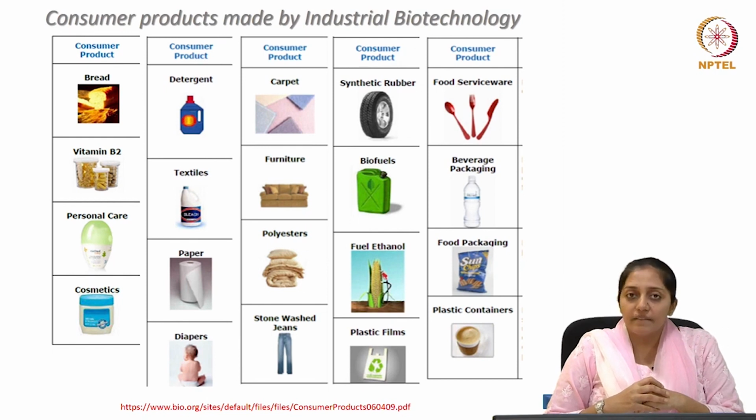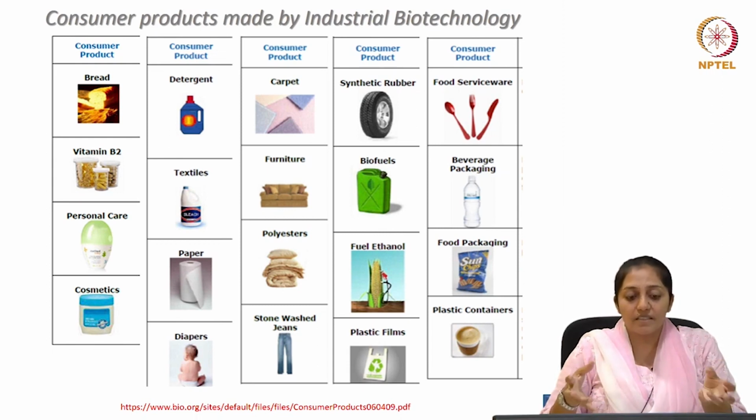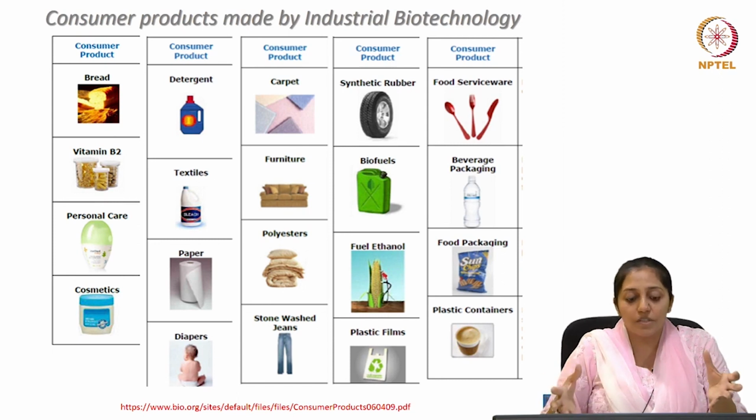Let's talk about bread or biscuits which have been fortified to have rich nutrients, or personal care products like cream, cosmetics, or textile detergents which we use day to day to wash our clothes, or paper, tissue which we frequently use. Then carpets or furniture, polyesters, in fact even rubber.